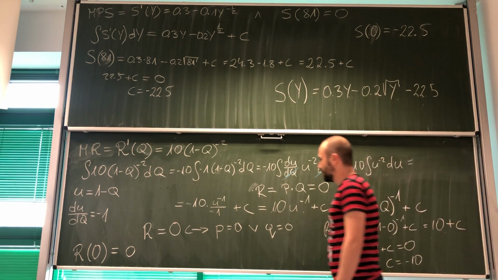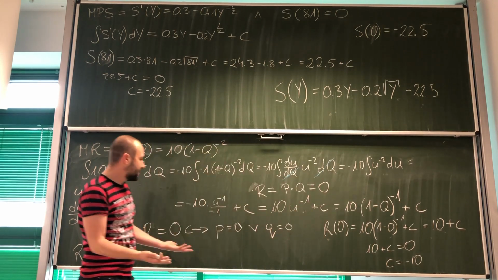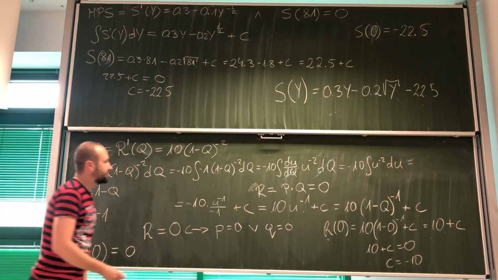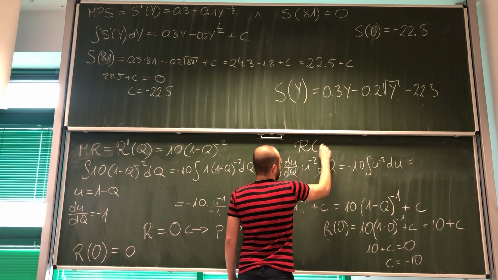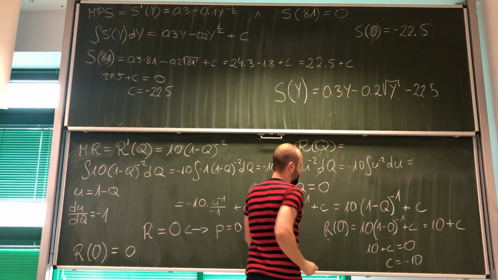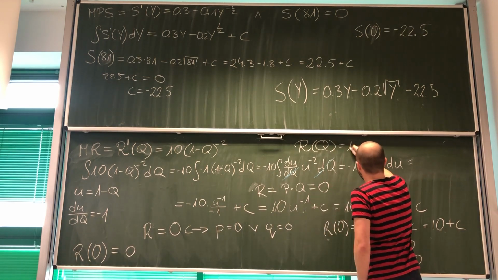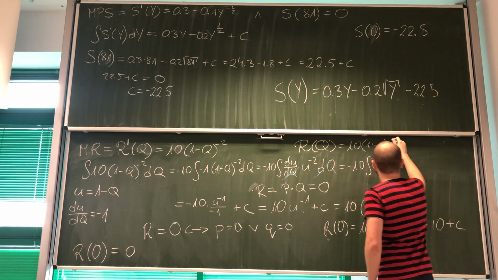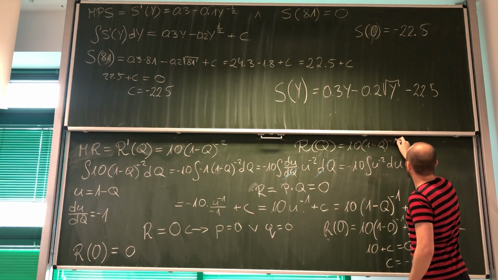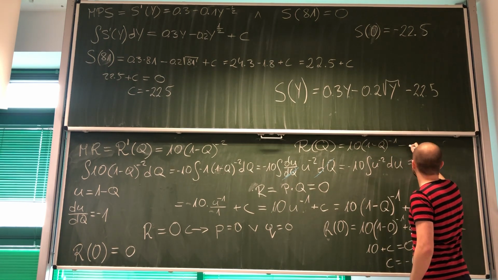Okay, so look, our final answer in this case is that total revenue is given by 10 times (1 minus q) to the power negative 1 minus 10.